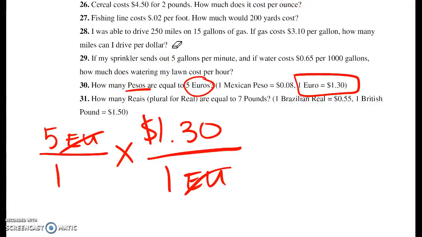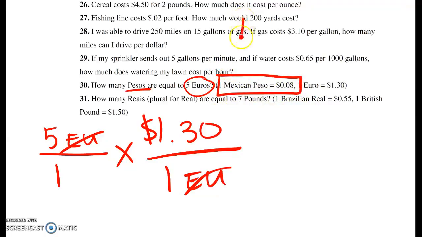So we're going to use the next conversion formula that it gave us. Again, this can be 1 peso over $0.08, or it can be $0.08 over 1 peso.